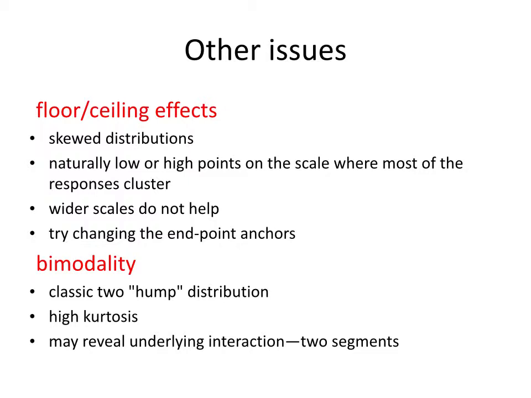And you will see a high kurtosis statistic for a bimodal distribution. And often it does indicate that there are indeed two normal distributions being reported because there are two subgroups or two segments responding.